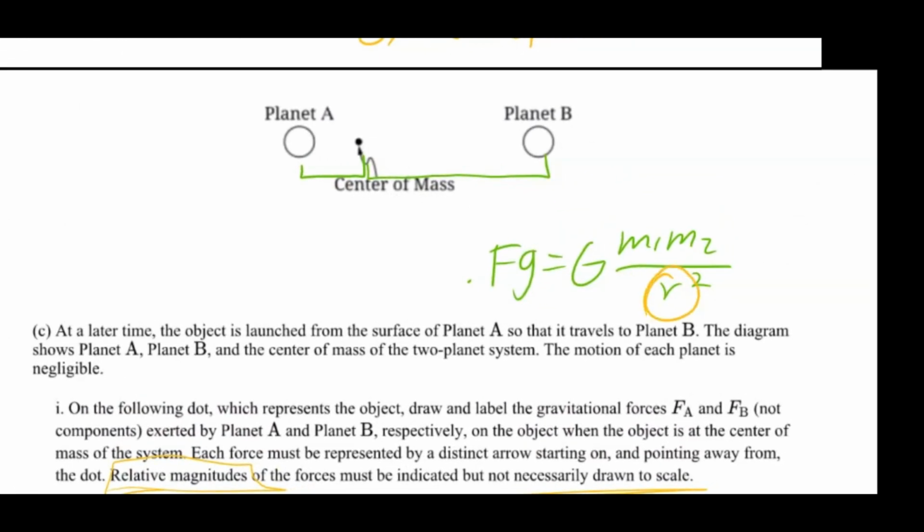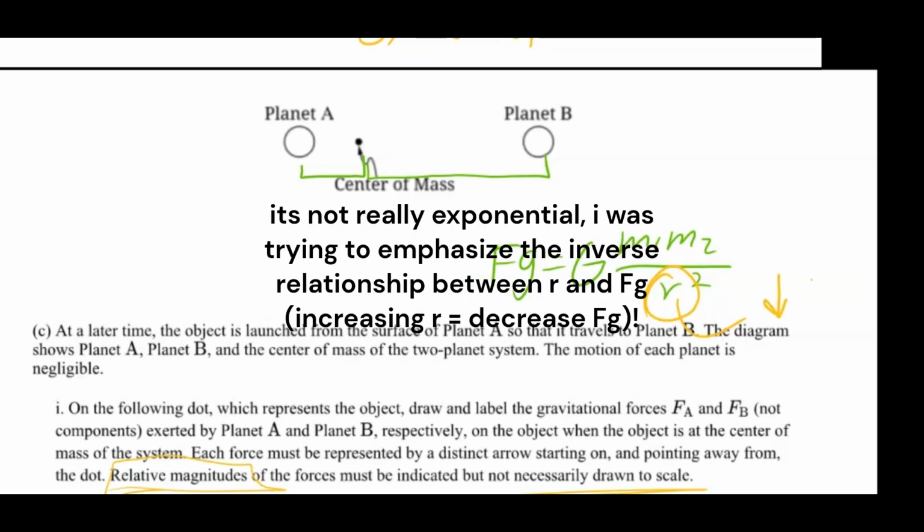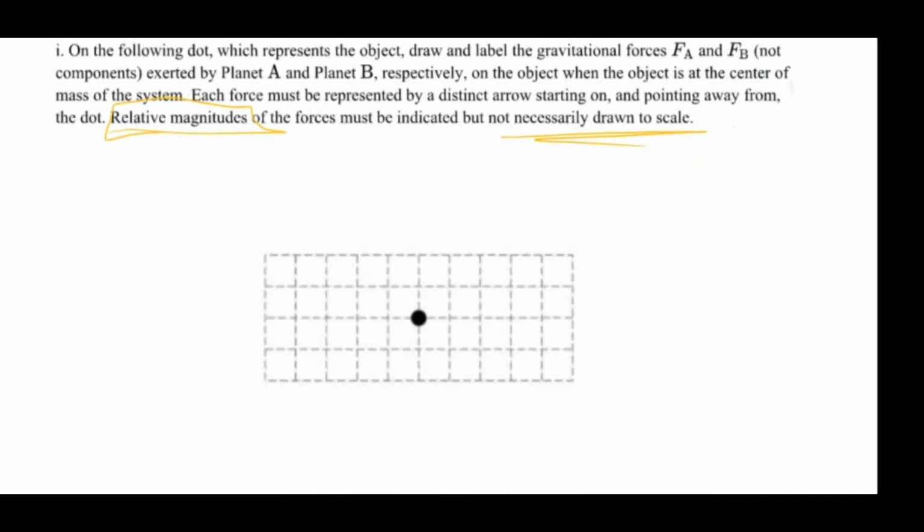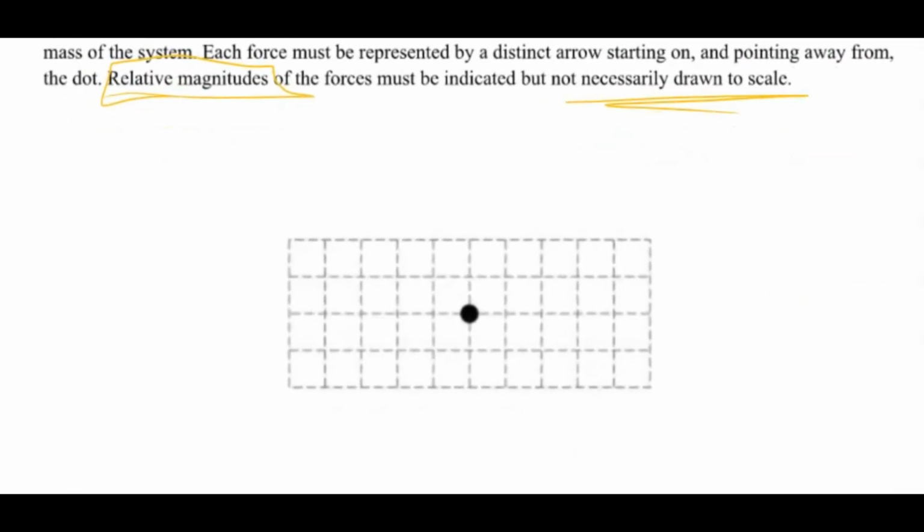Because of this, we know that a greater r, or a greater distance between our two objects, will lead to an exponentially smaller Fg. So an increase in r will lead to a decrease in Fg that is much greater than any increases in mass. Planet A might be slightly greater than planet B, but since r is such a big value and it's squared in the denominator, that's going to make it a much smaller value comparatively.